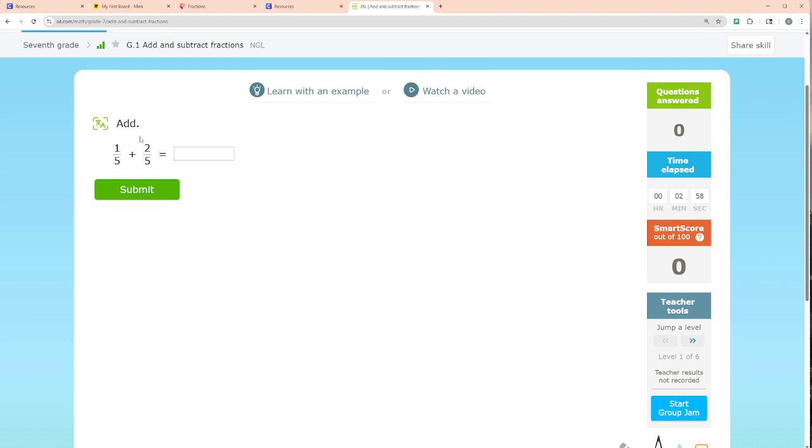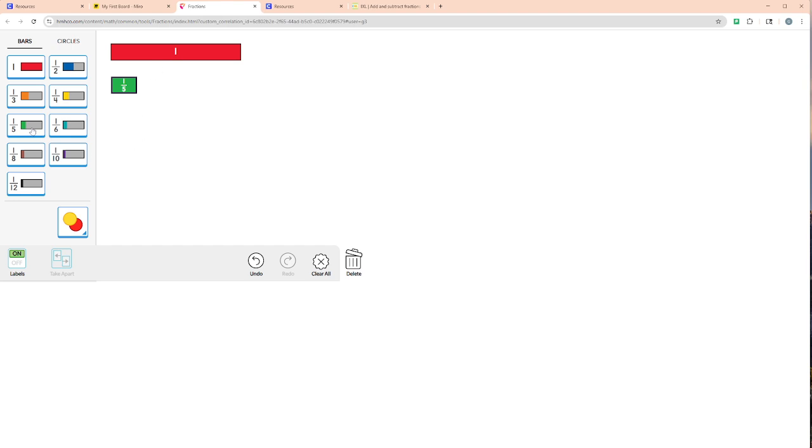Anyways, in this positive 2/5 term, we have 2 pieces. 1, 2. Notice that they're the same size. And notice that the bottom is a 5, which means it'll take 5 of these to make an entire whole. And the top number represents how many pieces.